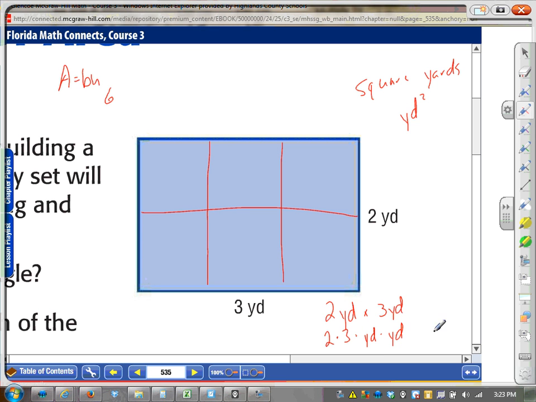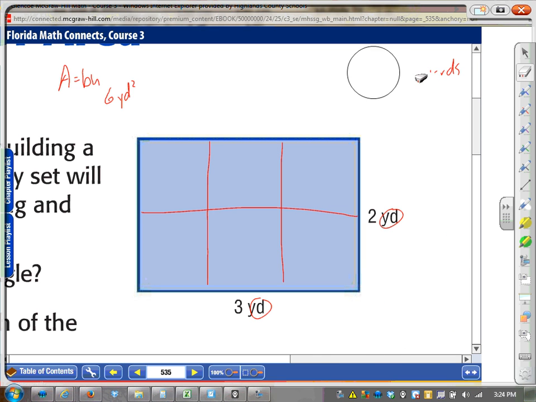So 2 times 3 is 6. Yards times yards is yards squared, right? So 6 square yards. We're treating yards kind of like a variable. It's not, but it serves our purpose this way. All right, so 6 square yards.